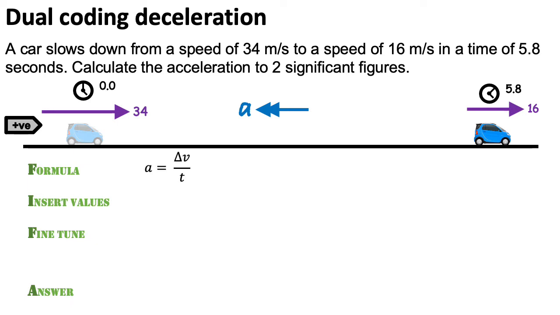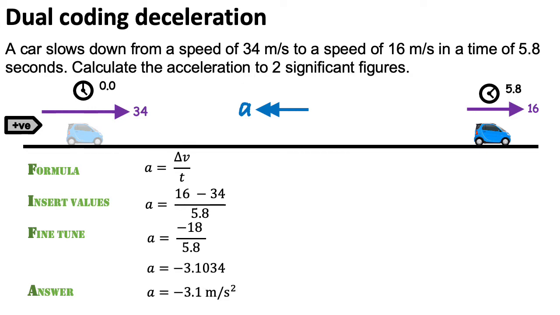So formula for acceleration, insert the values, and notice now we've got the final velocity 16 minus the initial velocity. Let's fine tune and we get this answer, and notice that we get a negative answer. So I think this, in combination with the diagram, shows why very often a negative acceleration is a deceleration.